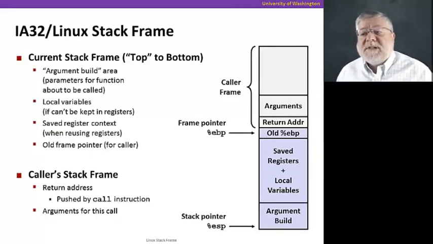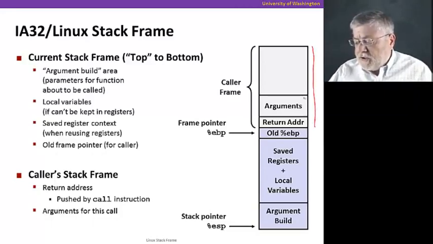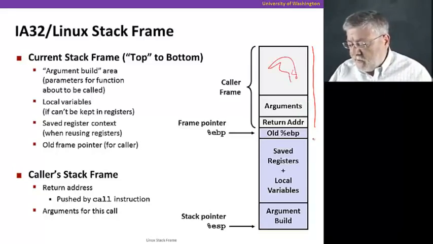Again, in this diagram I'm showing the caller stack frame, which includes a bunch of arguments that it's set up for the callee and some other space that it might have used for its own temporary variables.